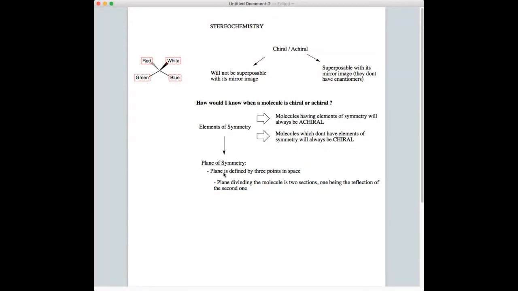A plane is defined by 3 points in space, and a plane of symmetry is a plane which divides a molecule in two sides. One side is going to be the reflection of the other side. So I'm going to show you this molecule again. I'm going to put it next to the camera, so you can see how, depending on how I rotate it, I'm going to put it like this for you.